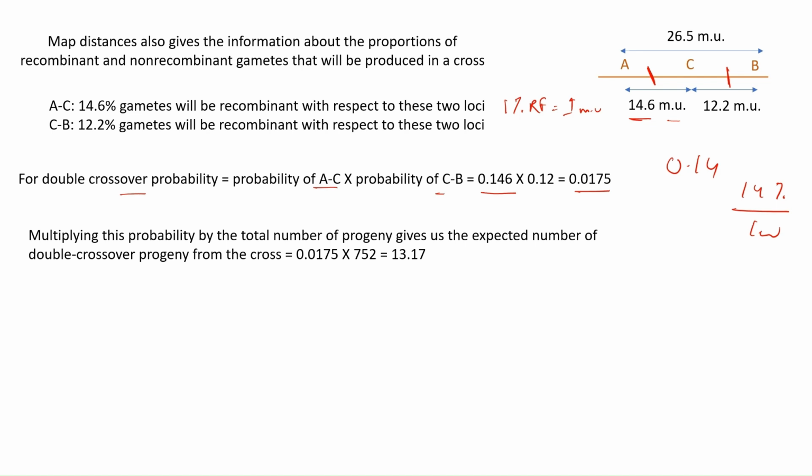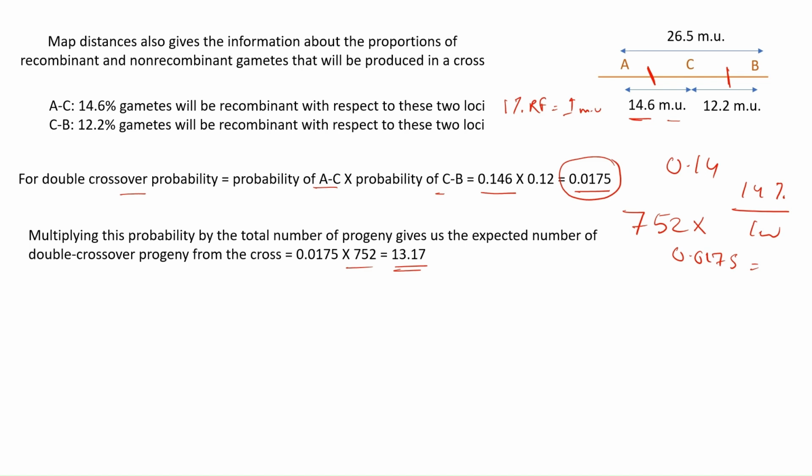Now, this is the probability for getting the double crossovers. If you remember from the last video, what was our total number of progenies? It is 752. So if you multiply 752 with 0.0175, this many progenies should be double crossovers. After multiplication, our result is 13.17.